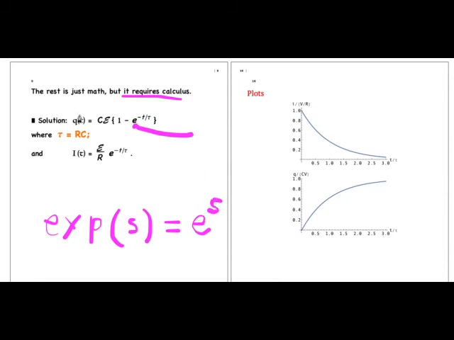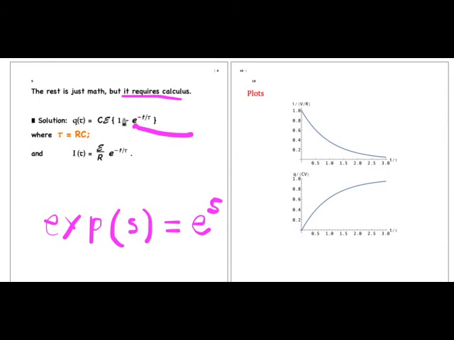So you see there's an exponential behavior. C is the capacitance of the capacitor. E is the voltage of the battery. Tau is RC.